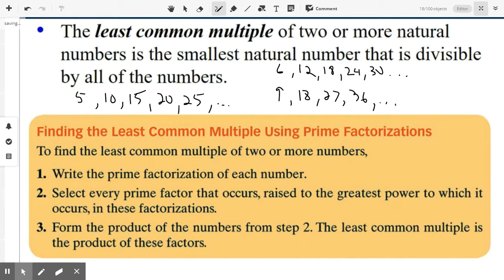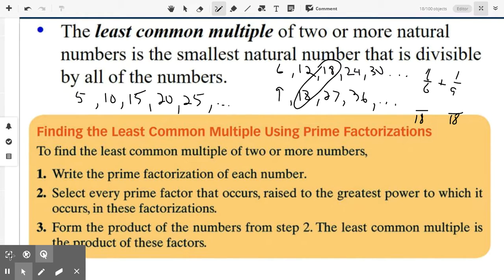And then what we're looking for is the first one of these multiples that matches up. And here they are, 18. That is the least common multiple. Now this is when, let's say we had a fraction 1/6 plus 1/9, and we had to add these two where you have common denominators. I would use the common denominator of 18 or the least common multiple. Okay, so that's where this comes into play.